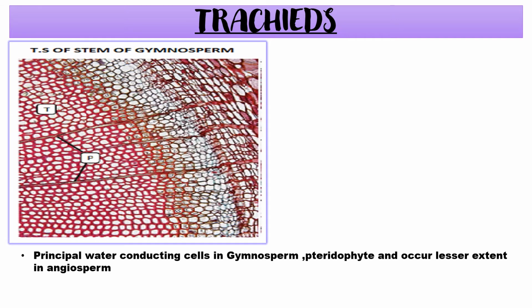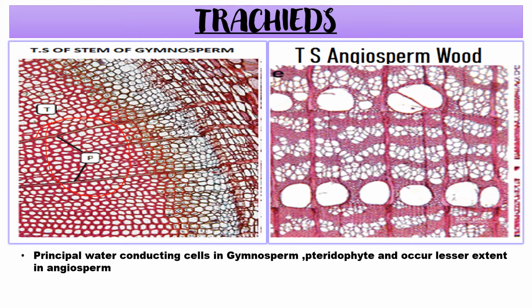If we look at the TS of stem of gymnosperm, we find that tracheids are compactly arranged. It contains only tracheids and a little xylem parenchyma. But if we look at the TS of wood of angiosperm, we find lots of vessels, fibers and xylem parenchyma.